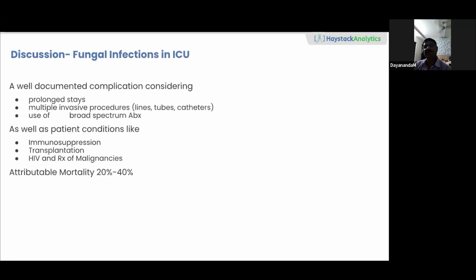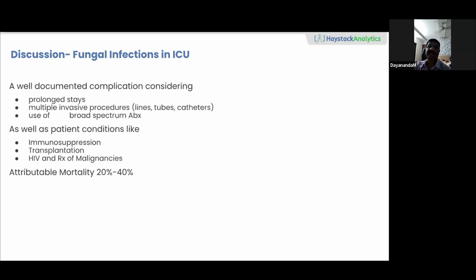Now we can go for the discussion on fungal infections in the ICU. It's a well-documented complication, considering that patients will have a prolonged stay, sometimes non-resolving pneumonias, critical illness polyneuropathies, patients on dialysis requiring a lot of interventions with multiple invasive lines, tubes, catheters, and use of broad-spectrum antibiotics. These all lead to increased risk of fungal infections in the ICU setup.